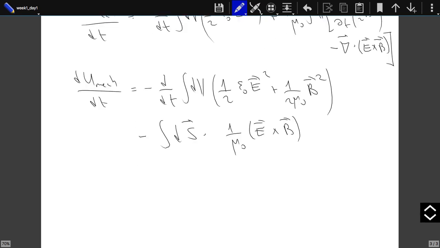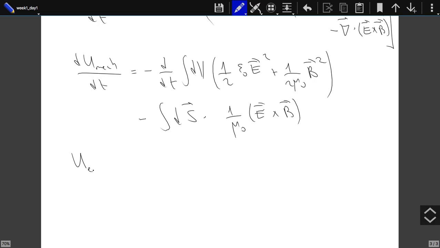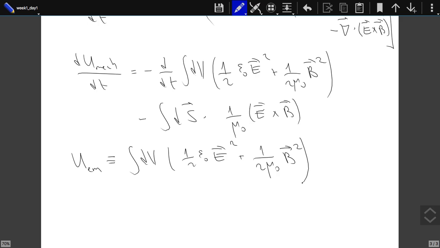And then we can identify the energy stored in the electromagnetic field as the integral dV of 1 over 2 epsilon 0 E squared plus 1 over 2 mu 0 times B squared.